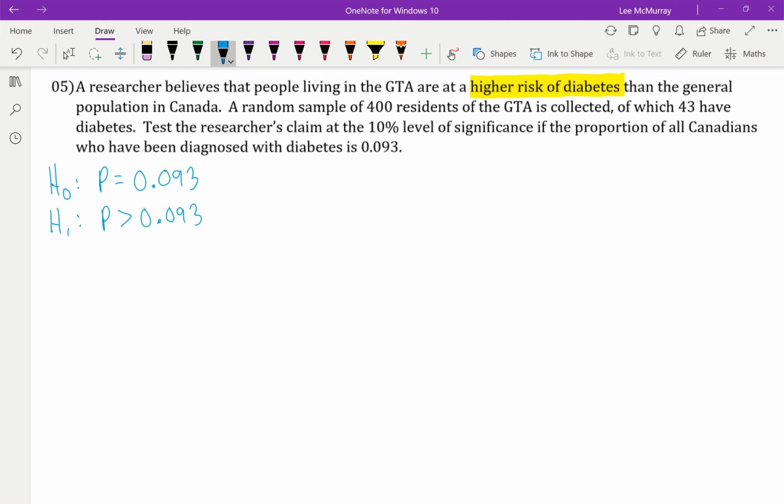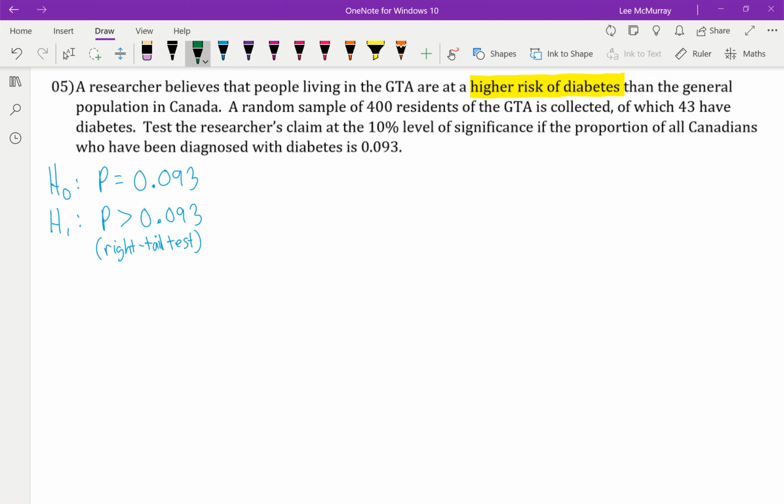Because the null hypothesis could be that it's equal to or less than, anything at 9.3% or less, and this guy wants to state that it's greater than for the GTA folks. That's how we come up with the one tail test, and in this case it's a right tail test, a more than claim.